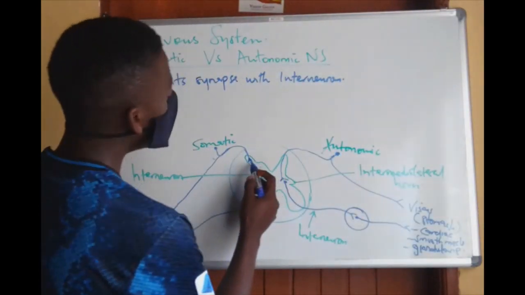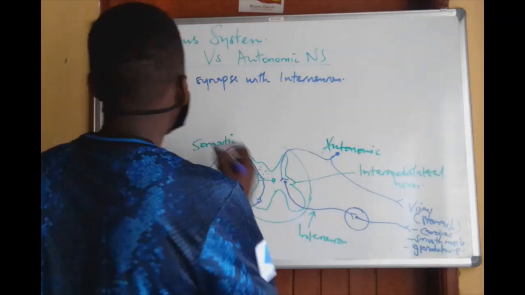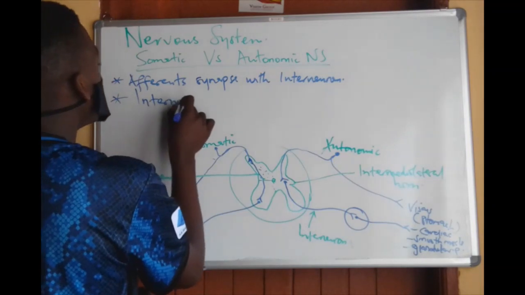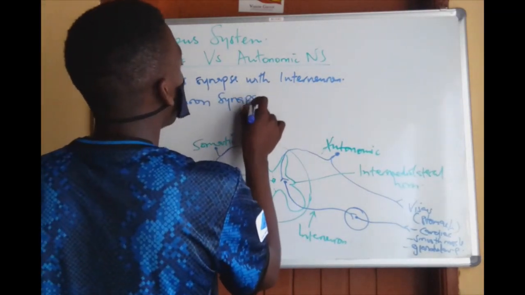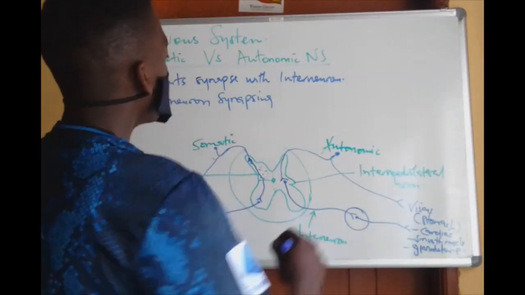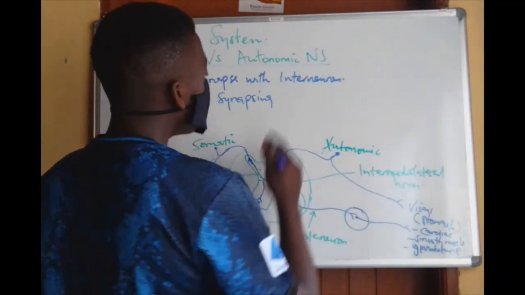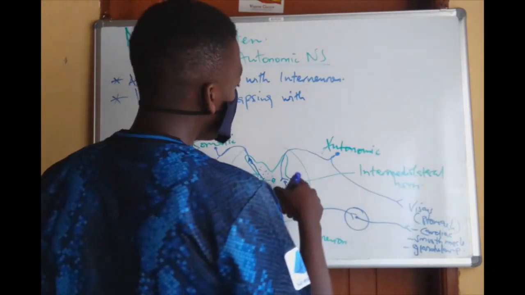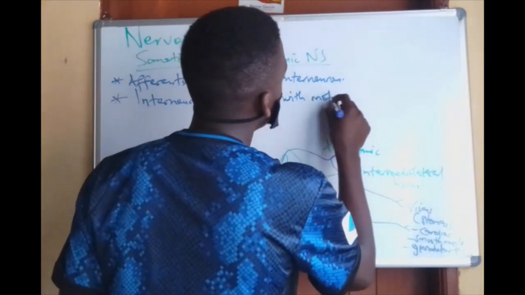The interneuron, this one, is making its synapse in the ventral gray horn. So that is the second difference. Interneuron synapse, where it makes its synaptic connection with what? With an efferent, or with a motor neuron.